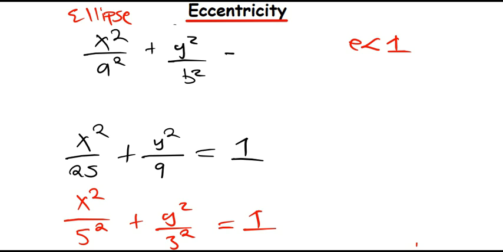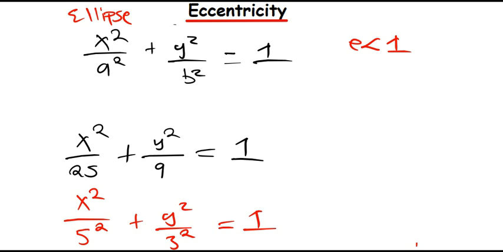Most people get confused: how do I know which one is a and which one is b? So a is going to be greater than b in the case of an ellipse. The reason is very simple: the foci are inside for an ellipse, so if you take it in terms of c, you find that c is smaller.